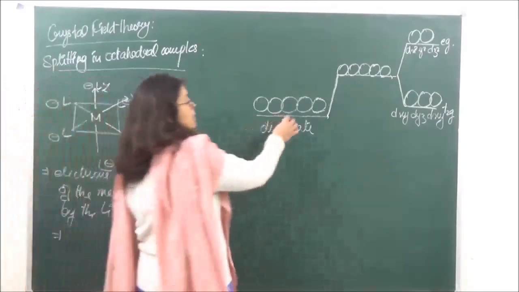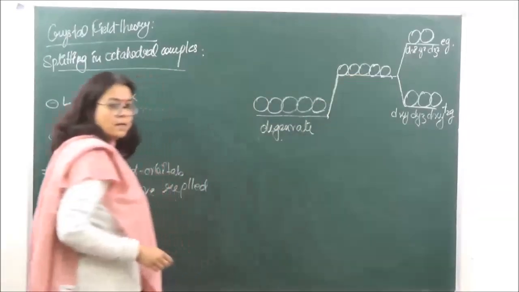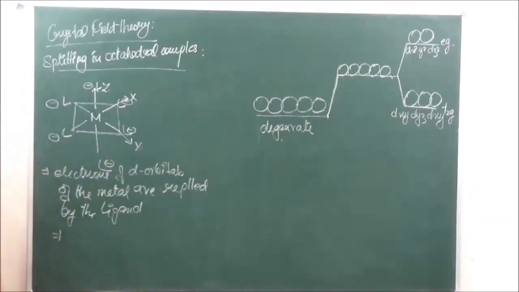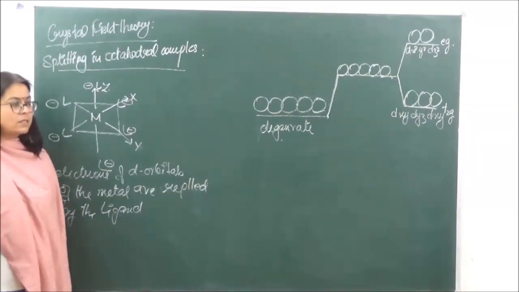So that is what we have done over here. The energy of all the d orbitals increases by the same amount. Now this is going to be hypothetical. Why? Because the ligands approaching the cation cannot be at equal distances.